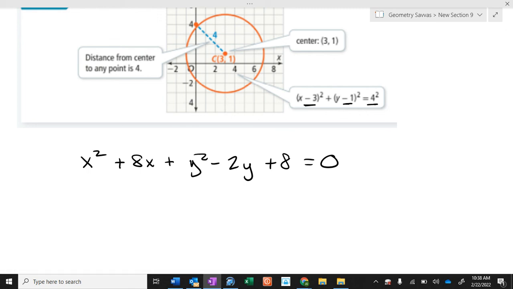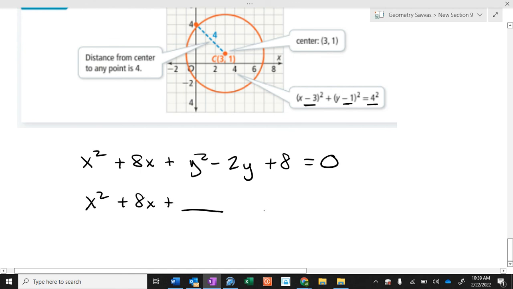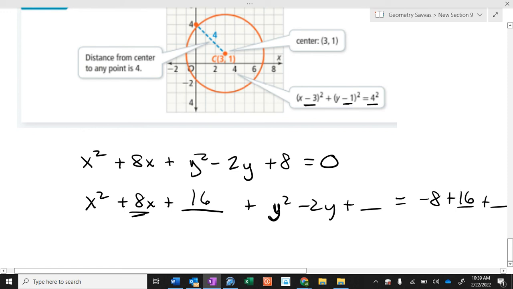Let's figure this out. So you go x squared plus 8x plus blank plus y squared plus or minus 2y plus blank equals negative 8 plus blank plus blank. What do you do with the 8? Take half of it and then you square it. So that is 16. So whatever goes in a blank on this side goes in a blank on that side.